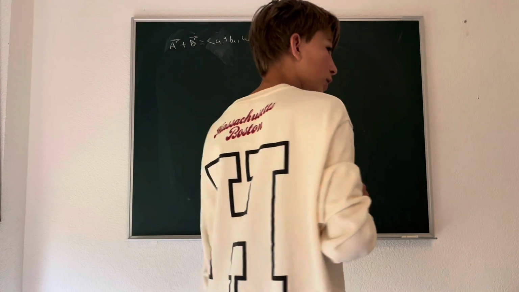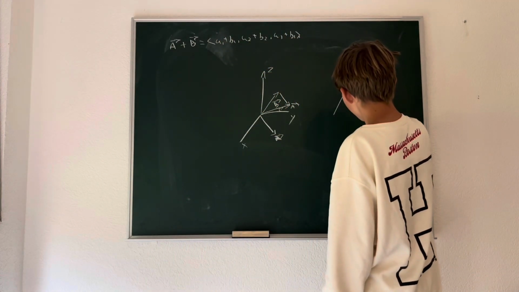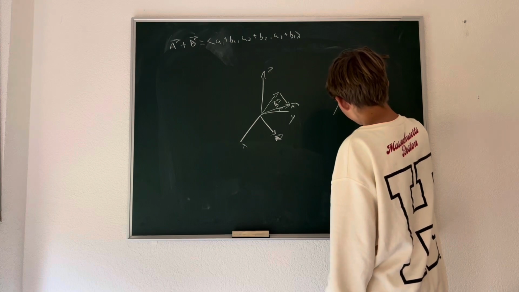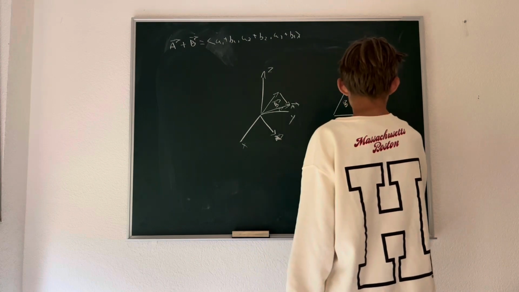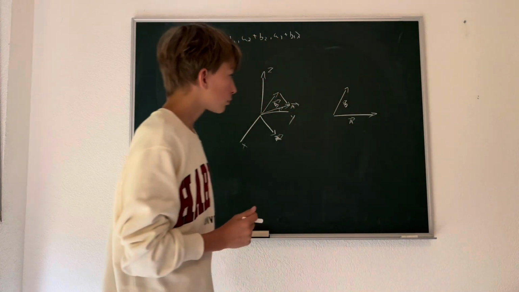A better visualization of this is, let's say I have B and I have A like this.